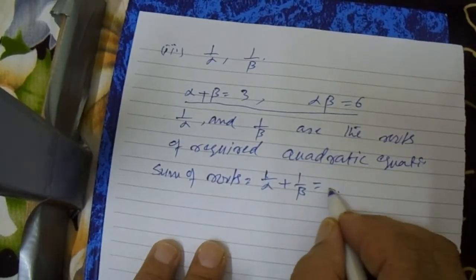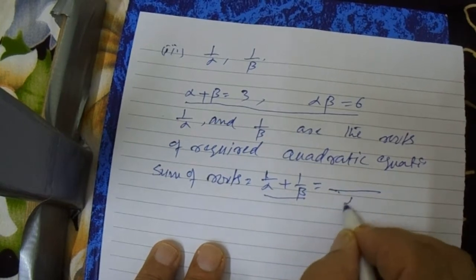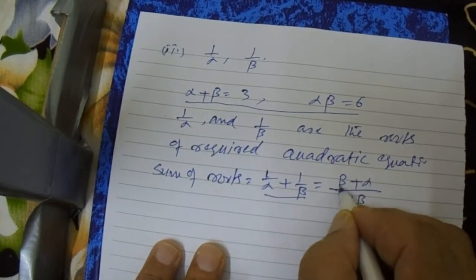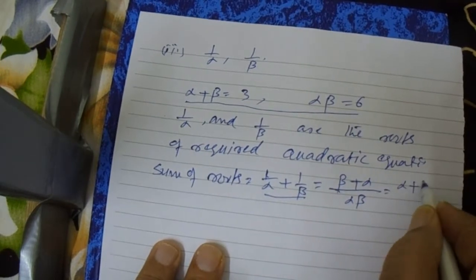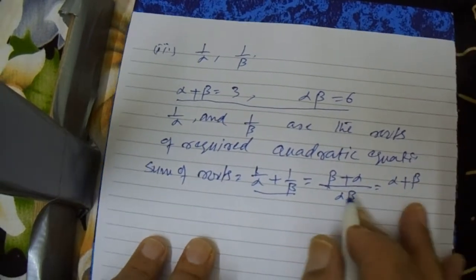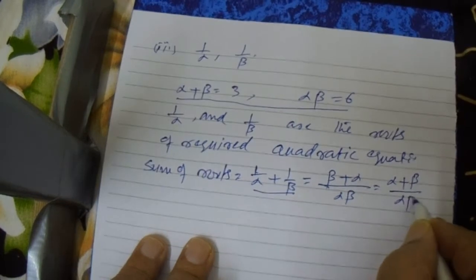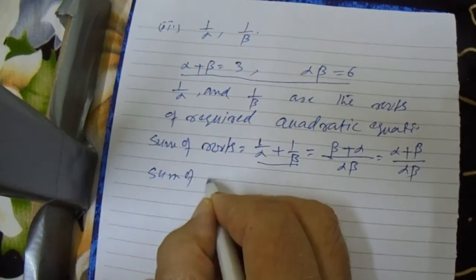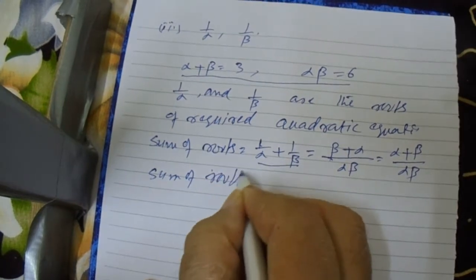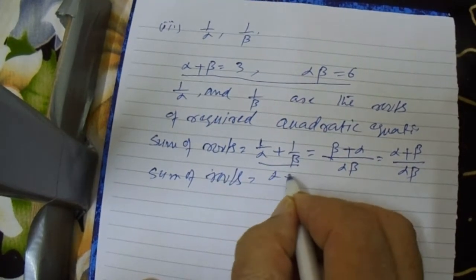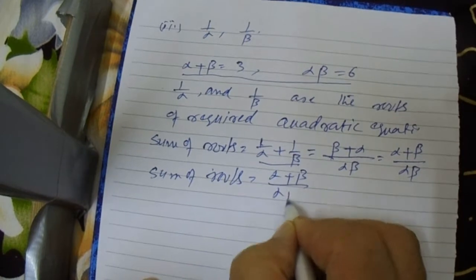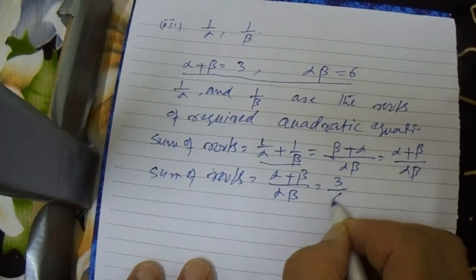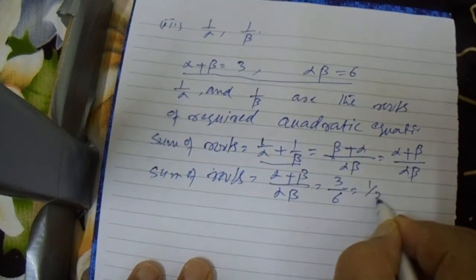We take the LCM alpha beta, and here beta plus alpha, and we write this alpha plus beta over alpha beta. Now this is equal to the sum of roots. The sum of roots again is equal to alpha plus beta over alpha beta. We write here 3 and here 6, which is equal to 1 by 2.